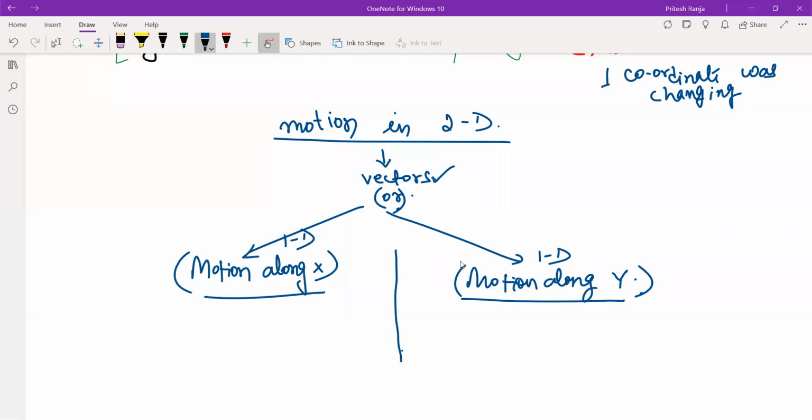That means, let us suppose if object is having initial velocity and accelerations along y and you are asked final velocity along x, you cannot relate them, right? We have to deal with them independently.